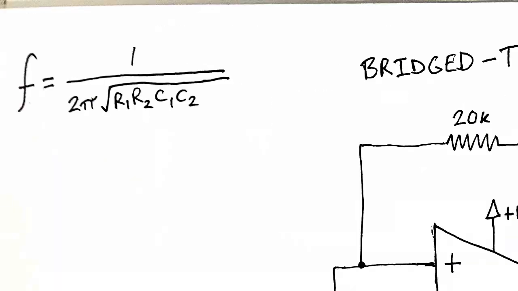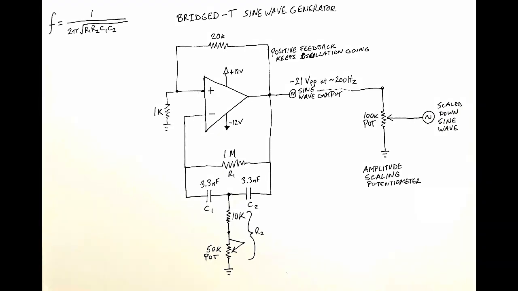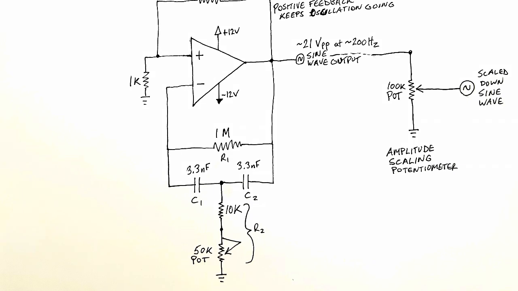So using this formula with values for R1, R2, C1, and C2, you can calculate the frequency, or design this circuit based on a frequency that's desired for a sine wave. Or you can make it adjustable with a potentiometer at the bottom, as I have here. So in my particular case, I designed a 200 or so hertz sine wave generator.